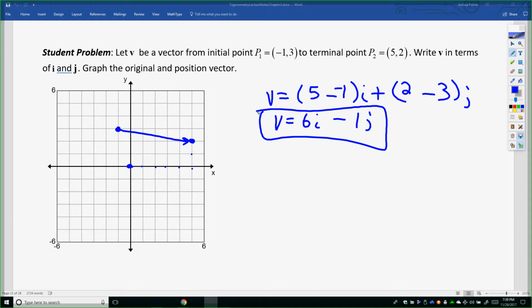So 6, 1, 2, 3, 4, 5, 6, negative 1 is right there. So that is the standard position vector and its equation. Okay, alright, next piece. I'm going to do some calculations using this.